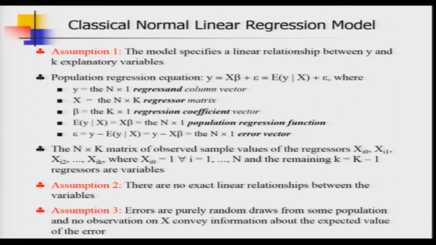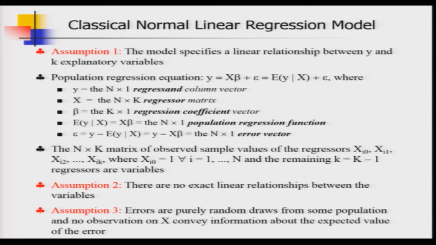Finally, epsilon is basically the difference between the observed value y and the expected value of y given x, and that is also an n cross 1 vector, also called the error vector.